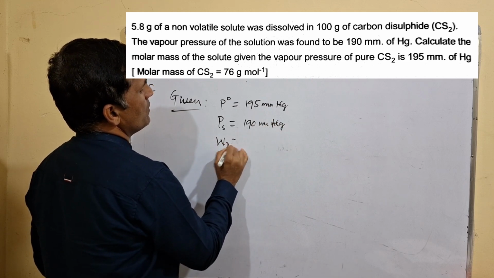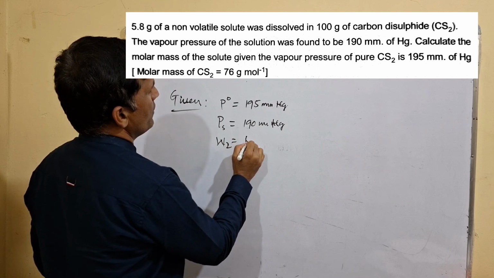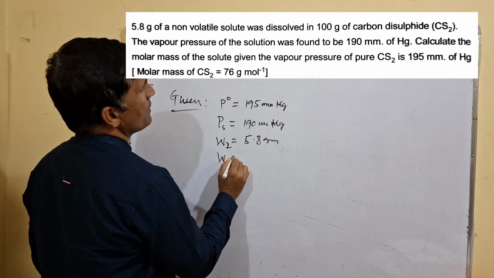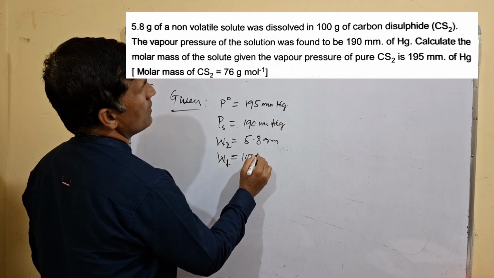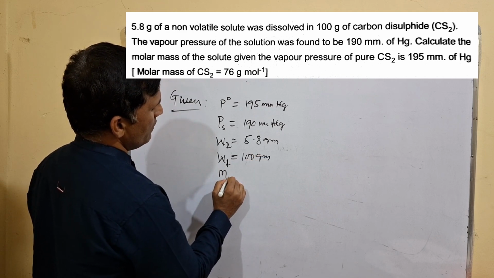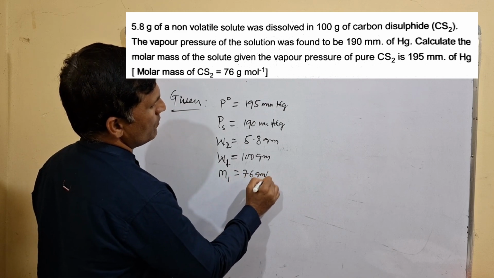Weight of the solute W2 is 5.8 gram, and weight of the solvent W1 is 100 gram. Molar mass M1 is 76 gram per mole.